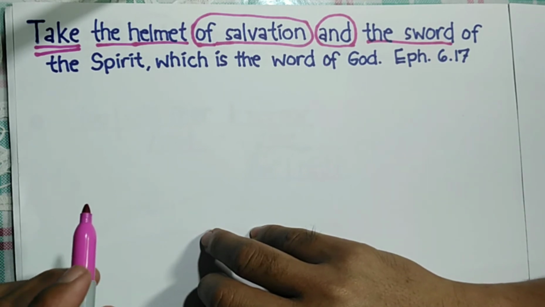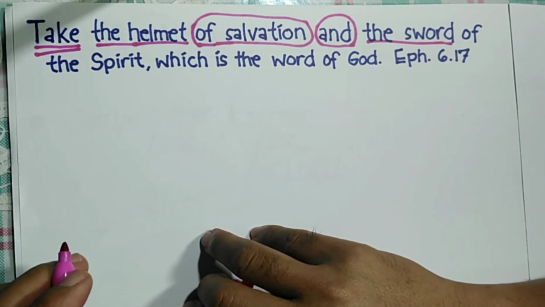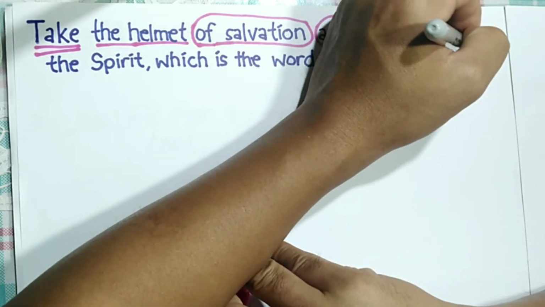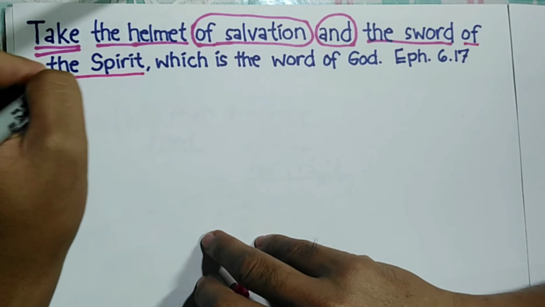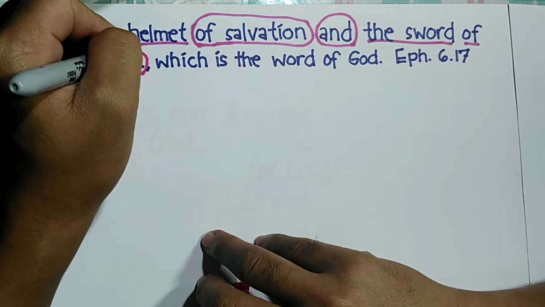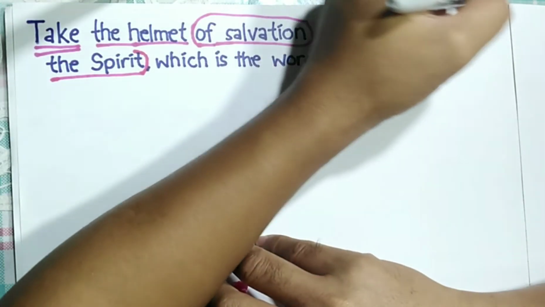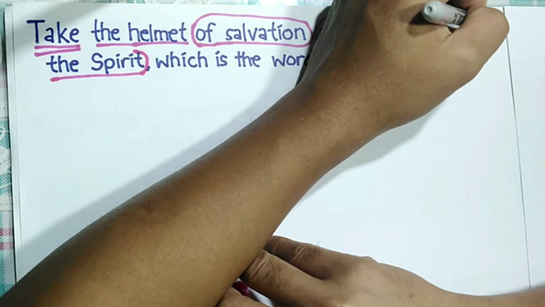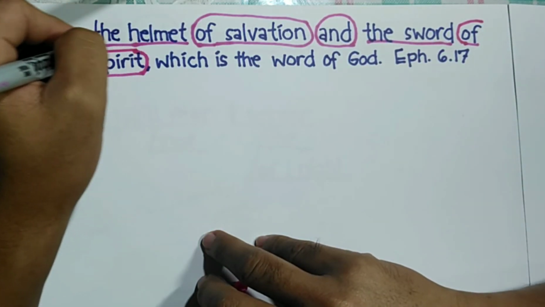Very good. The sword is the object as well. And then of the Spirit, it's very clear that this one is, sorry, a prepositional phrase, of the Spirit.